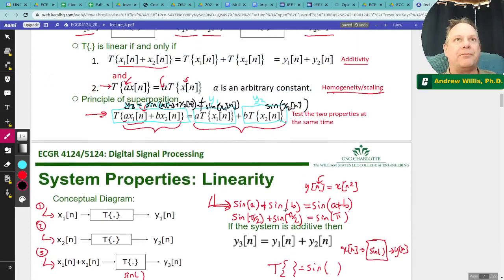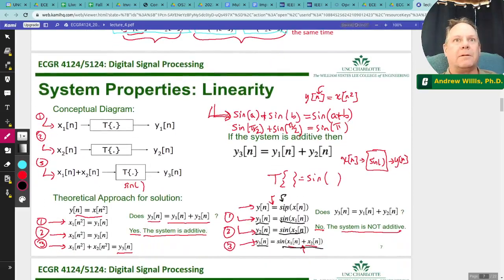So whenever we're testing, make sure that we put the signals into the operator, into the argument. Fundamentally, you have to identify what the system is doing. In this case, it's the sine function, and the fundamental question is whether or not the operation that's going on in there is distributive, right?